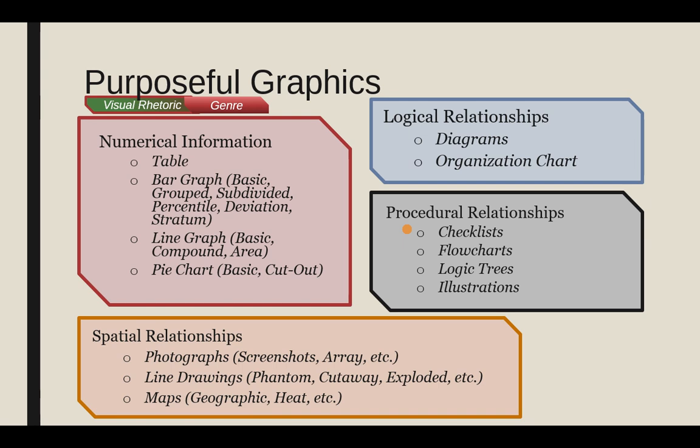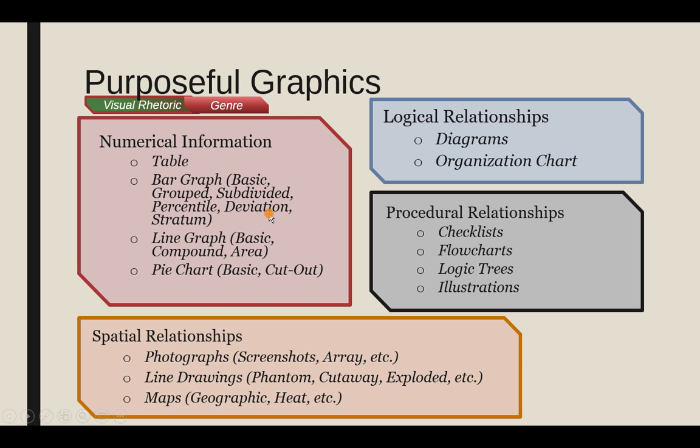In general, the genres that you choose for your graphics fall into these kinds of relationships. So you have numerical information that's typically in tables, bar graphs, line graphs, pie charts, and again, you can see the different kinds: deviation bar graphs, stratum bar graphs. Okay, if you've never thought about this, well, you may want to start.